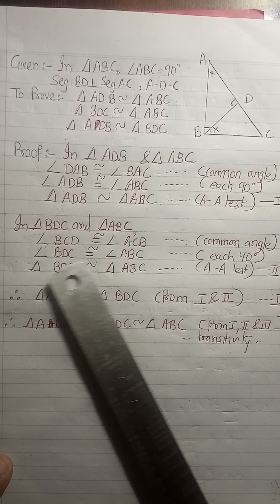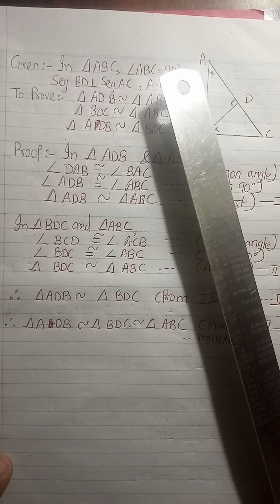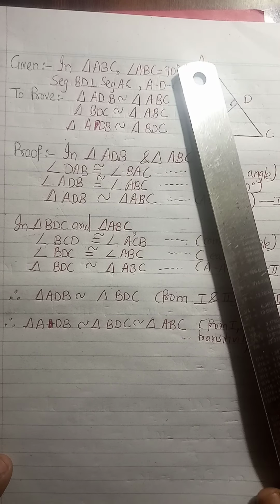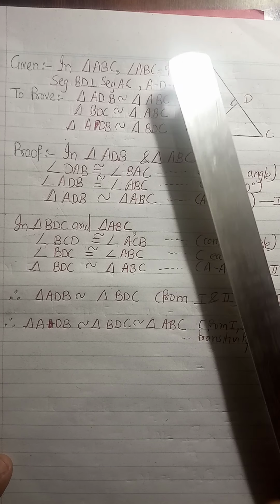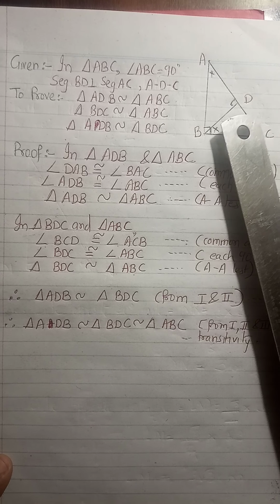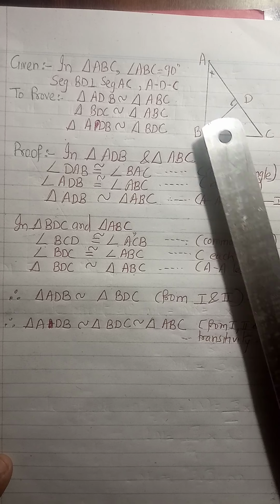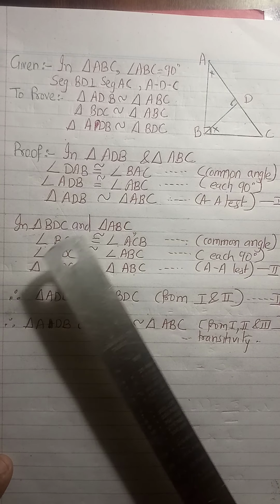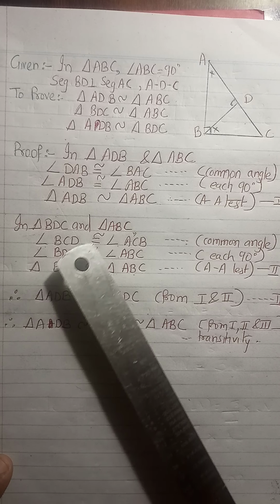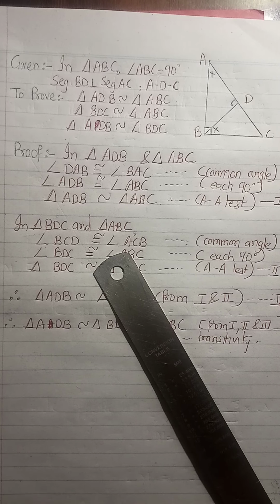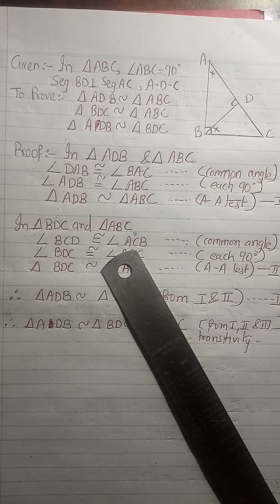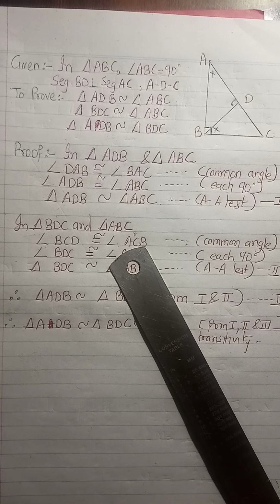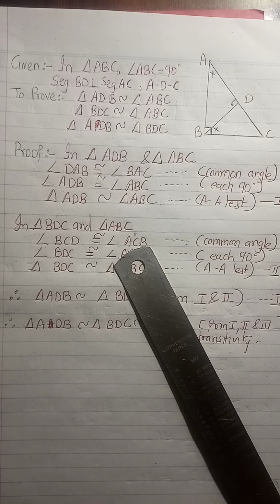Then angle BDC and angle ABC: each angle is 90 degrees. So both angles are congruent. Since two pairs of angles of the two triangles are congruent, we can say that the triangles are similar by AA test.